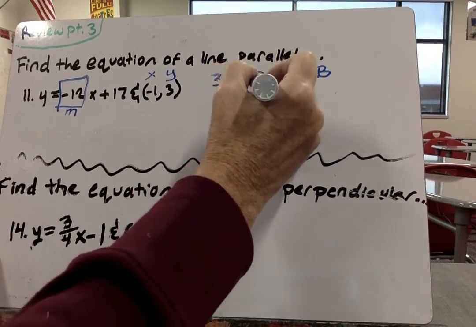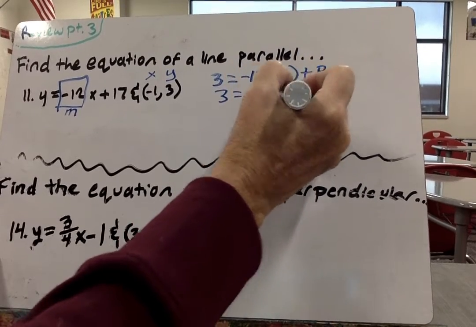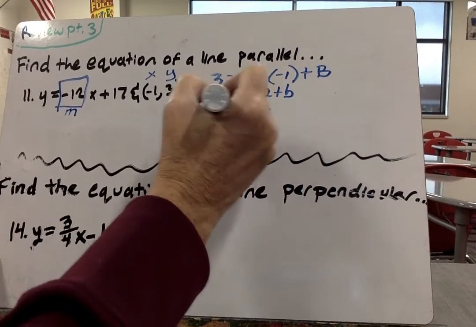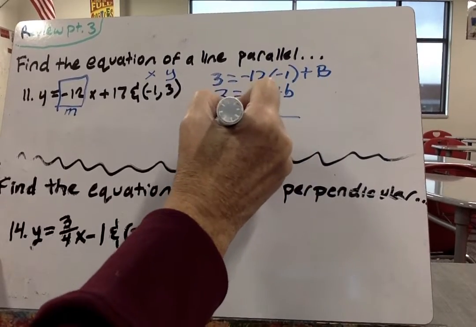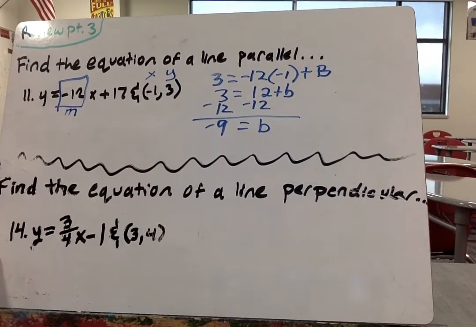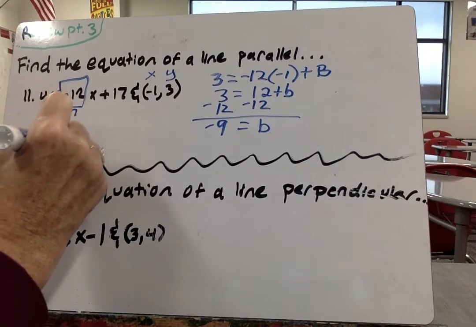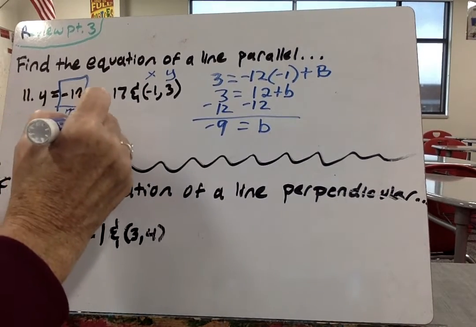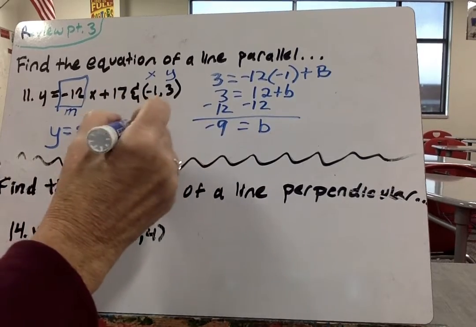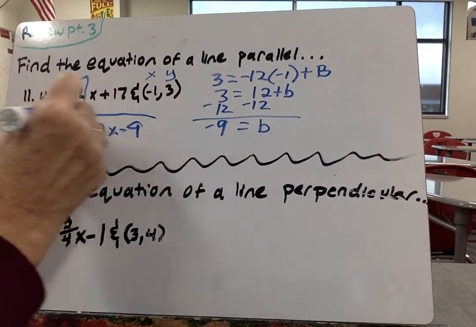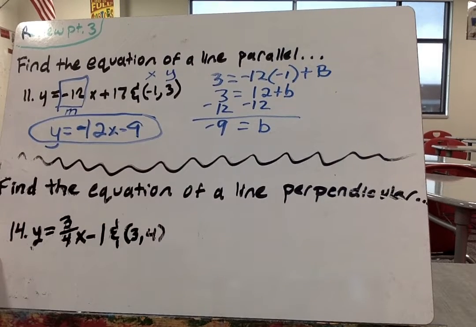So 3 equals 12 plus b minus 12. Okay, b equals negative 9. So then we write our equation y equals negative 12, because that's our slope, x minus 9. And there you go, done.